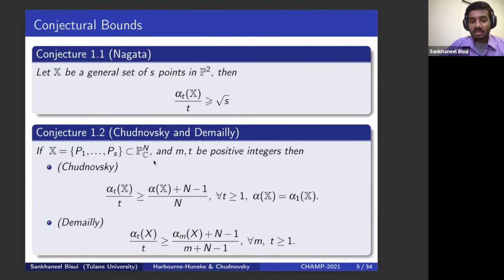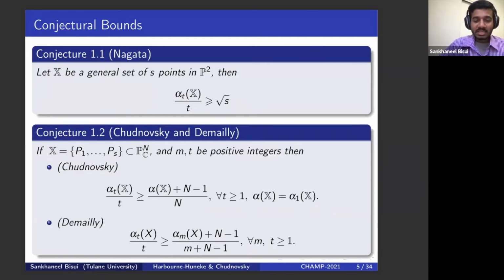Later on, Chudnovsky also gave a conjectural answer to the same question, and the answer is given by the lower bound as follows. The ratio alpha(t, X) over t is at least (alpha(X) + n - 1) over n for all t, with alpha(X) meaning the least degree of a hypersurface that will pass through those points one time.